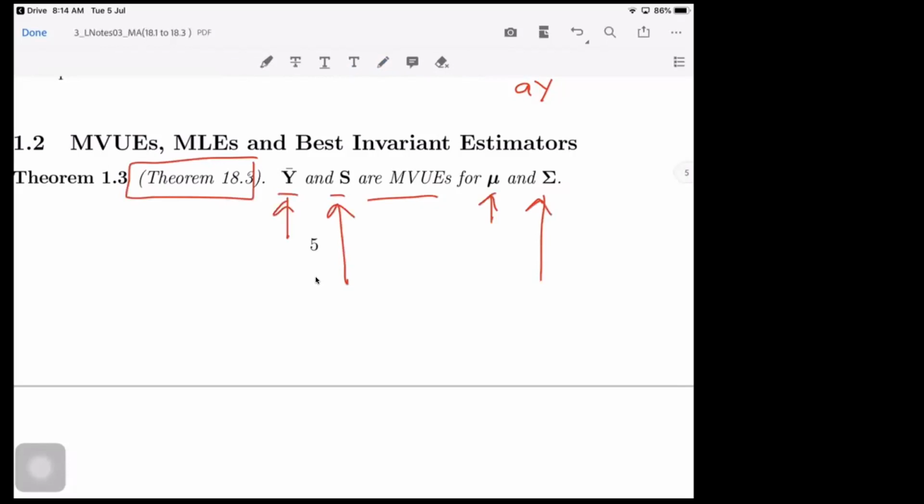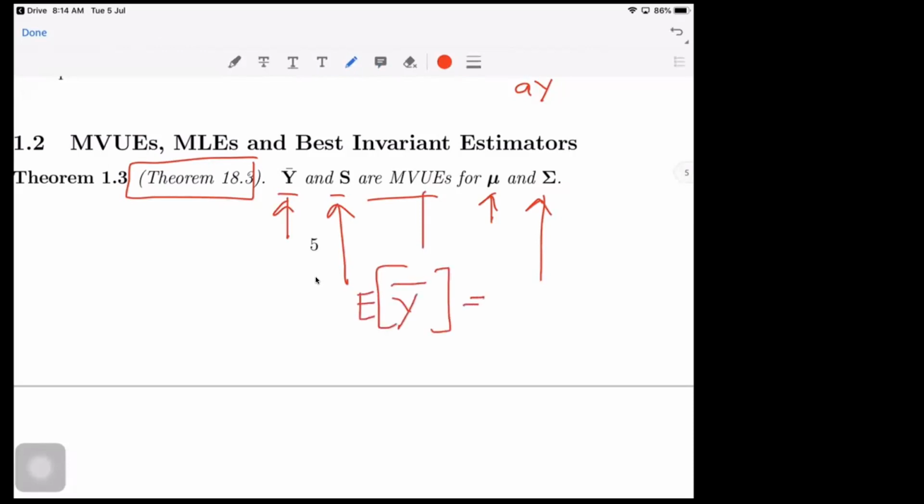So when we say MVUE, we show that y bar is unbiased for mu, that is, the expected value of y bar is mu, and S is unbiased for sigma, that is, we can show that the expected value of S is equal to sigma.